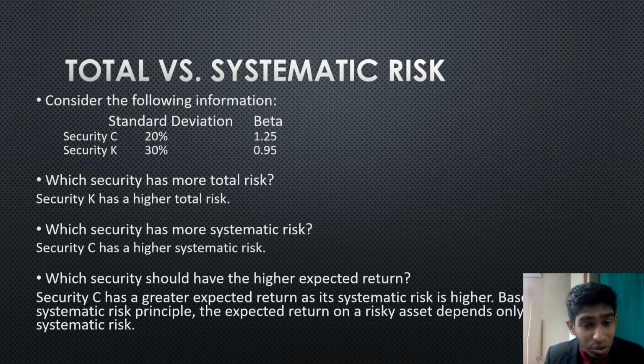Then which security should have the higher expected return? Okay, this is a very good question. Security C has a greater expected return as its systematic risk is higher. Based on the systematic risk principle, the expected return on a risky asset depends only on the systematic risk.